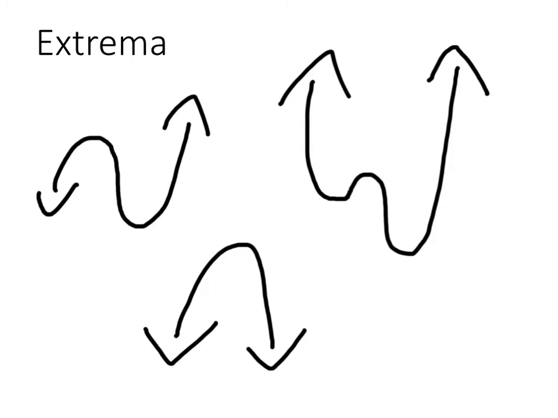Extrema can also be classified as absolute or global, or as local or relative. Absolute or global extrema means that it's going to be either the highest or lowest point on the entire graph.